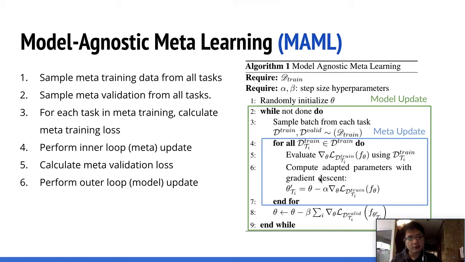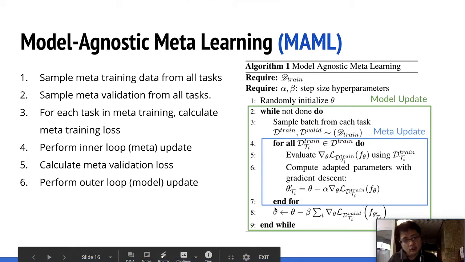For each task, we will update the parameters. So for each task, there would be a theta prime, which corresponds to the parameters resulting from the inner loop updates of the model. After that, we will use the theta prime to calculate the meta-validation loss, and we will update the model parameters based on the loss.